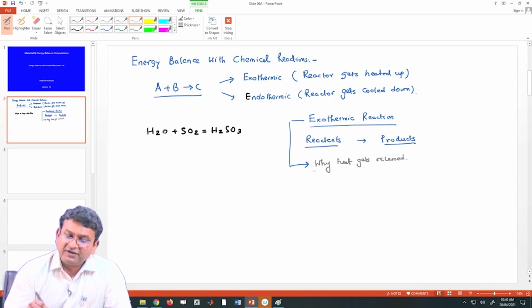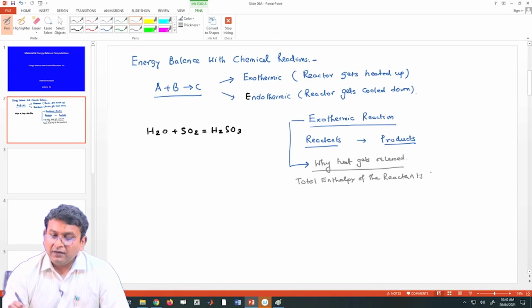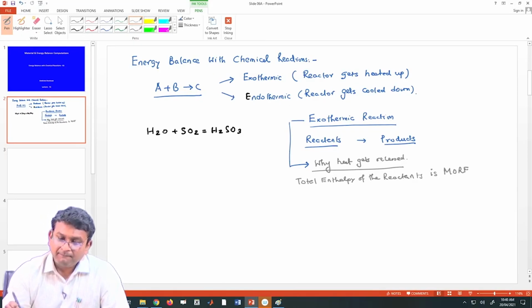And the simple answer to this is, the total enthalpy of the reactant is more than the product.